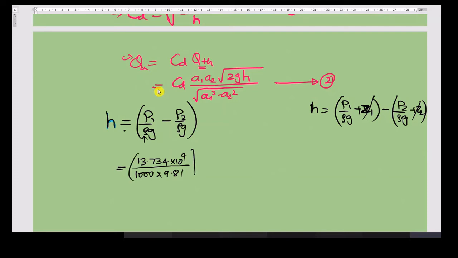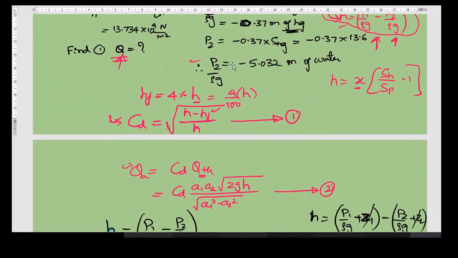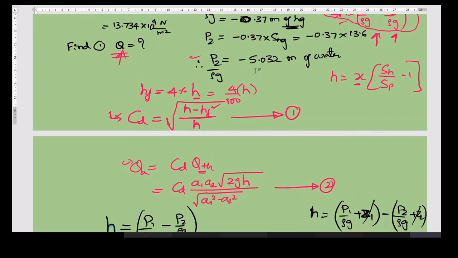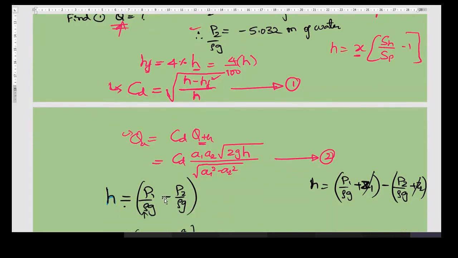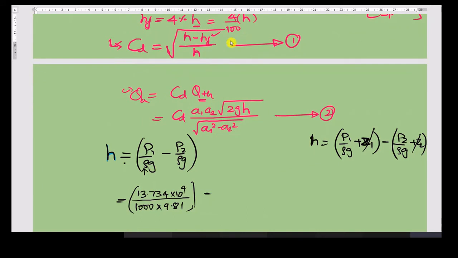This is P1 by rho g minus P2 by rho g. He has given it directly in terms of pressure head, so I will take it directly. It is a minus value, so don't get confused. There is a minus in the formula by default, and the value of P2 by rho g is also minus, so when you are substituting in the equation, you have to take minus.